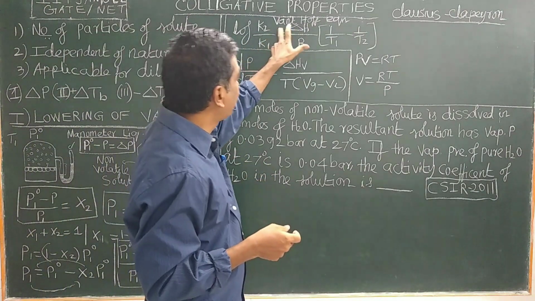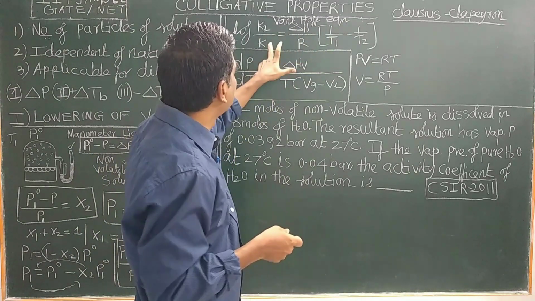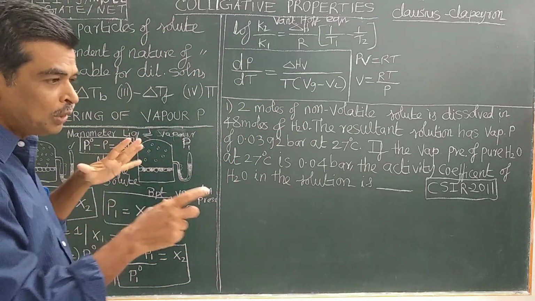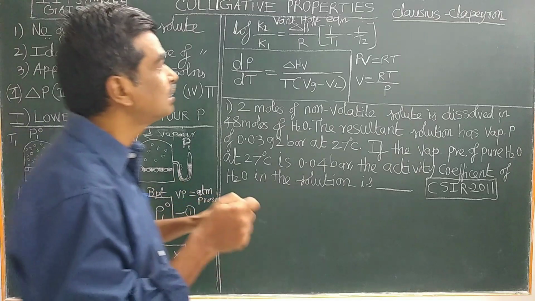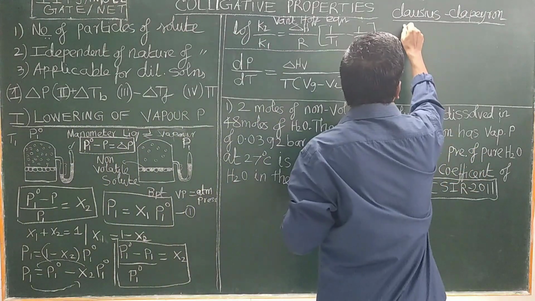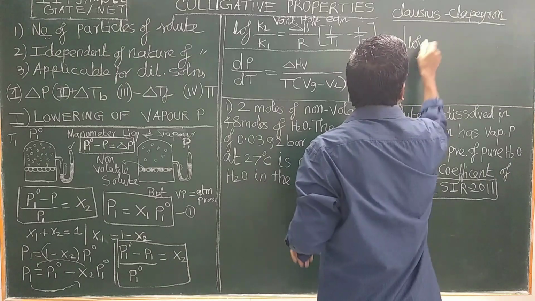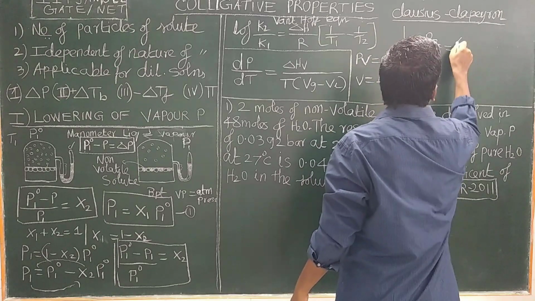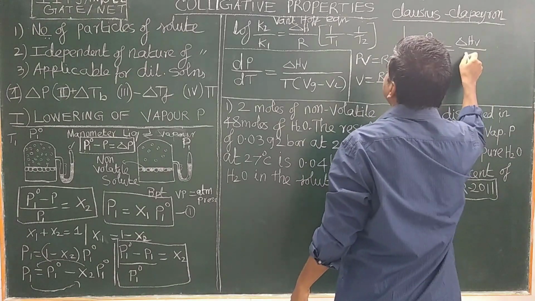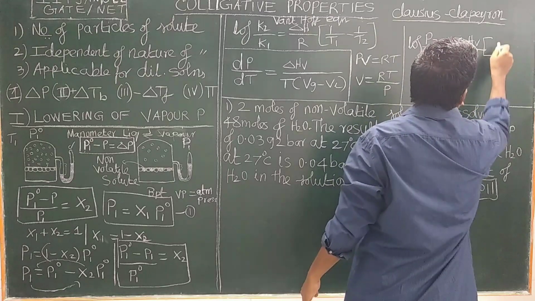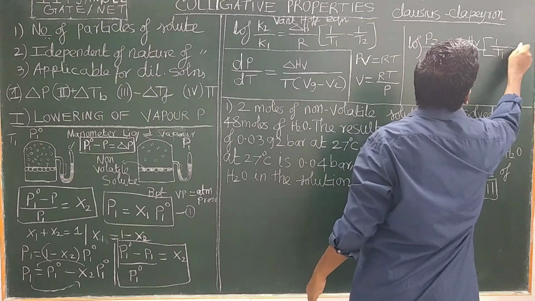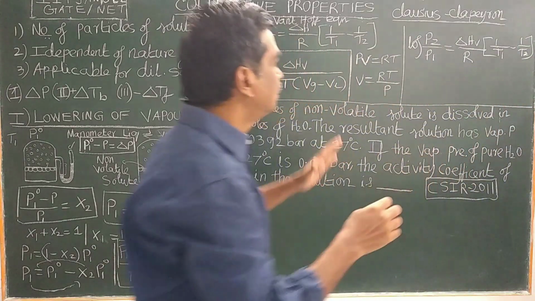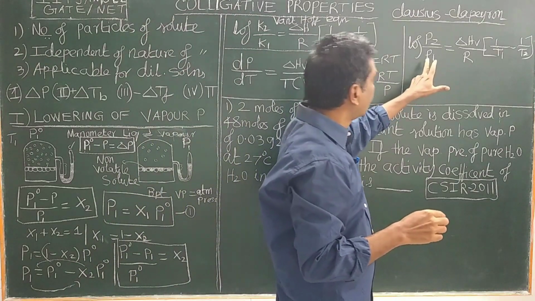For chemical equilibrium, you have studied the Van't Hoff equation, log K2 by K1 equal to delta H by R. Similarly, for liquid-vapor equilibrium, Clausius-Clapeyron has derived an expression, that is log P2 by P1 equal to delta Hv, the enthalpy of vaporization, divided by R, the molar gas constant, times (1 by T1 minus 1 by T2). So this equation is called the Clausius-Clapeyron equation.